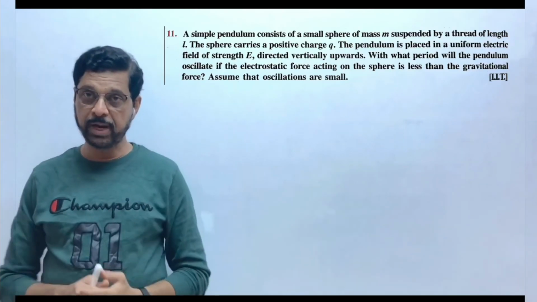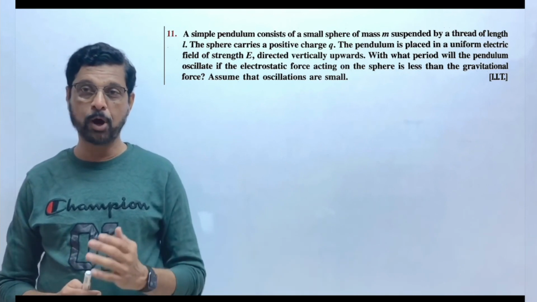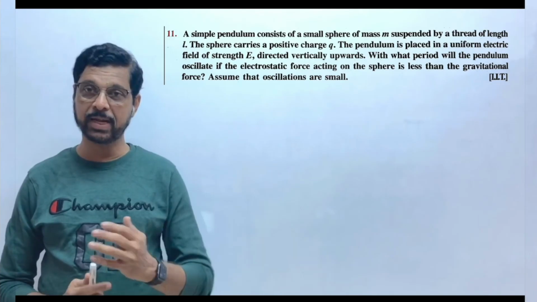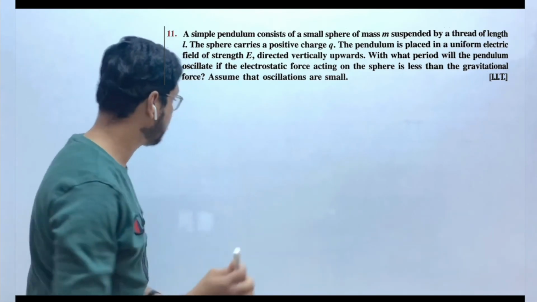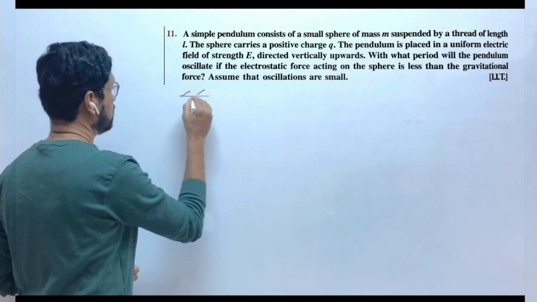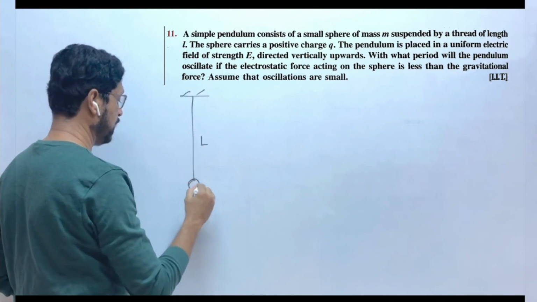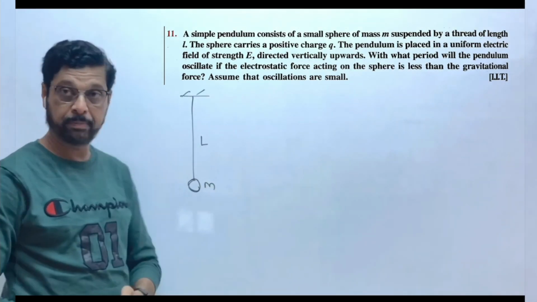A simple pendulum consists of a small sphere of mass m suspended by a thread of length L. The simple pendulum has a thread of length L and a sphere of mass m.